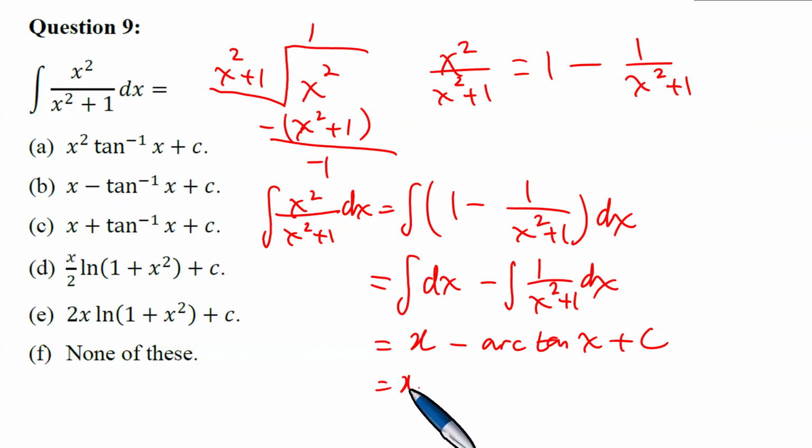Now, arctan can also be written as tan to the power -1 of x plus c, so the correct answer is B, x minus arctan of x plus c.